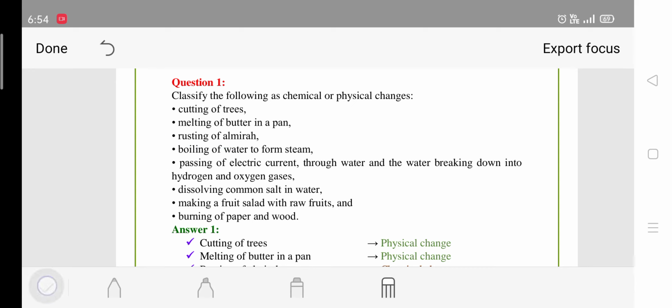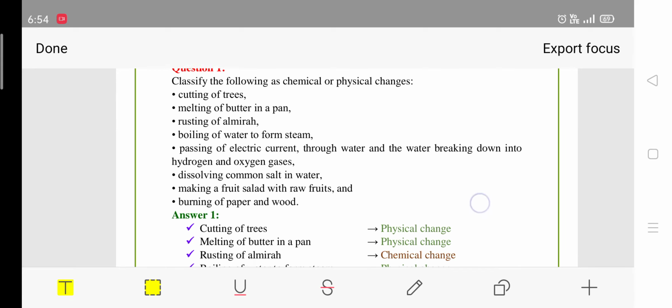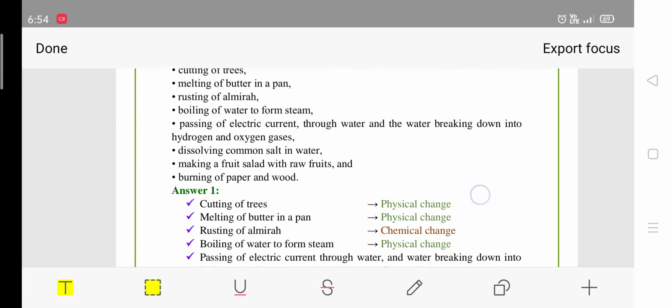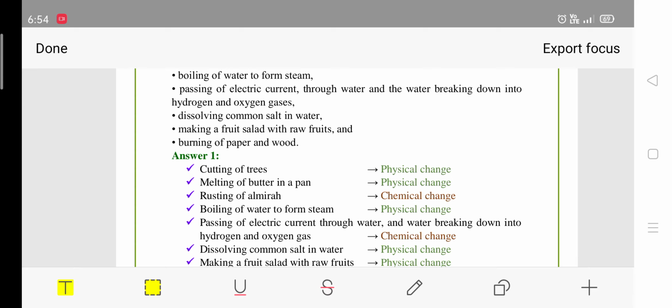Next is passing of electric current through water, and water breaking down into hydrogen and oxygen. Here see, new substances, hydrogen and oxygen gases, are formed, so this is a chemical change. Next is dissolving common salt in water, just a state change.